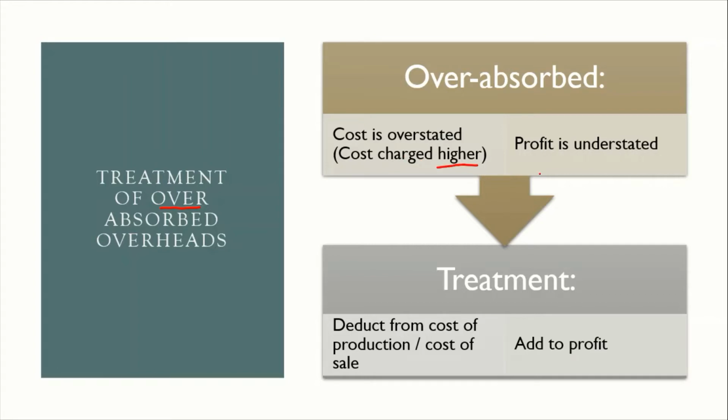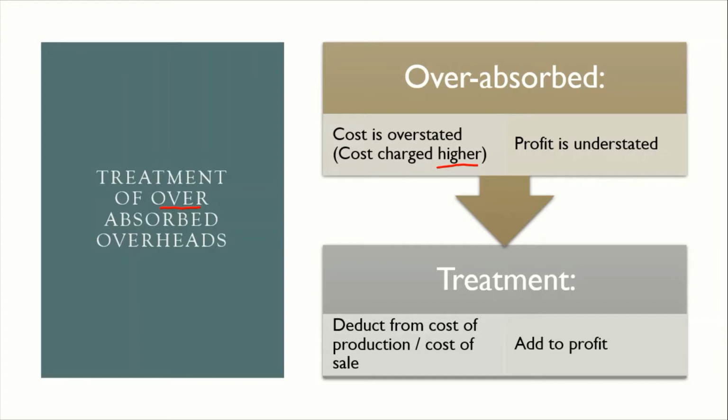And the profit is understated. Okay, so when you overabsorb, which is the amount of the budgeted is bigger than what is actually happening, you're actually budgeting a higher cost. You're actually putting a higher cost in the statement. That's why the cost is overstated.